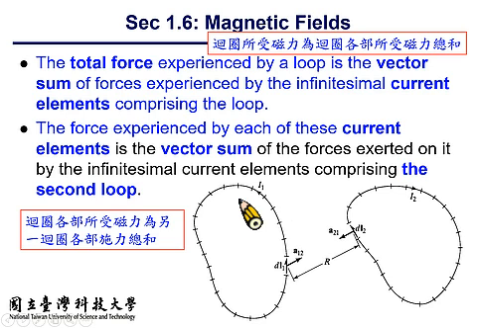That is, the magnetic force experienced by a current loop shall be the total sum of the individual sections within that current loop.